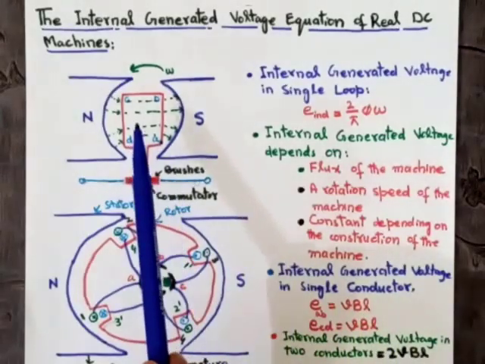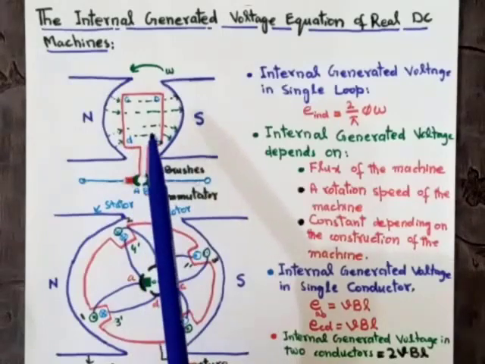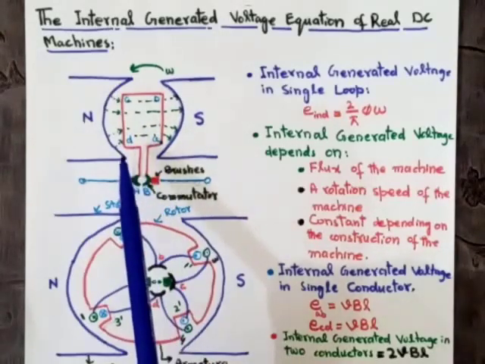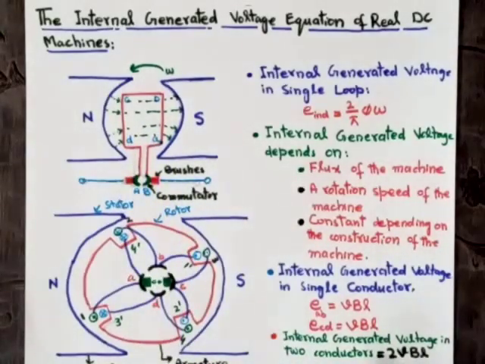The overall voltage across the two conductors, AB and CD, is E total equal to 2 VBL. It means across a single conductor the induced voltage is VBL, and across the two conductors the induced voltage is E total equal to 2 VBL.